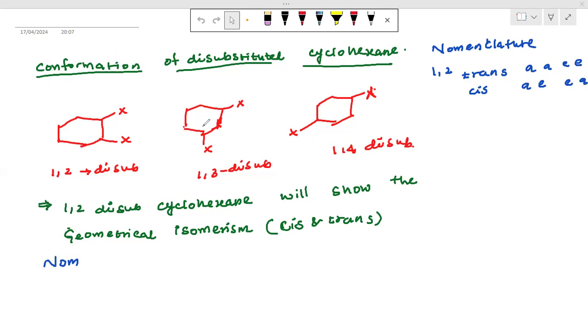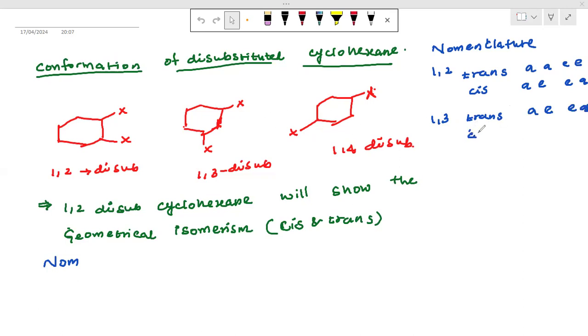This is 1,2 trans. Similarly, 1,3 also has cis and trans. In 1,3 trans, one is axial and the other is equatorial, then the other arrangement is equatorial and axial.